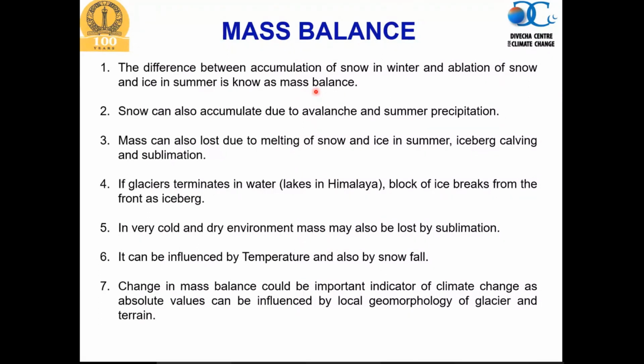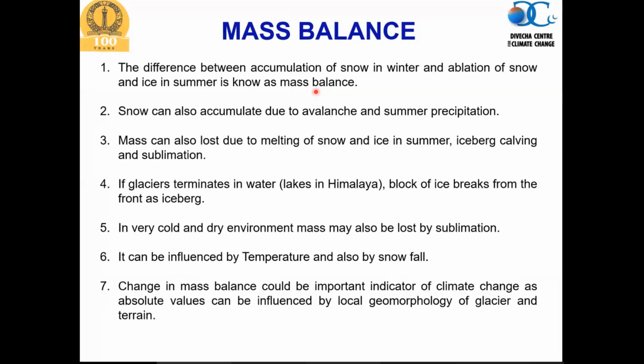So generally people think mass balance is because of melting, but actually both parameters are important, because the amount of precipitation and the amount of melting, the difference between these two is nothing but mass balance. So mass balance can be influenced by temperature or snowfall. It can be influenced by both.